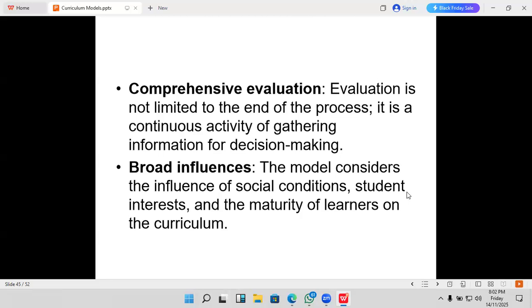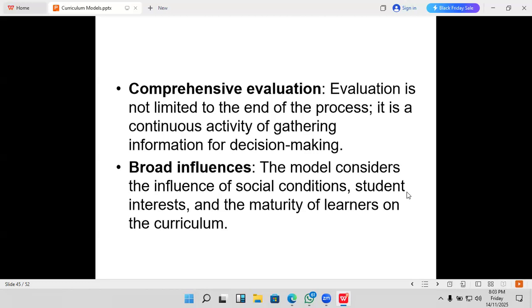Those are new concepts. According to the new ideas in the education sector, we can't force them. We can't neglect their interest. We should consider their interest and the maturity of learners on the curriculum.